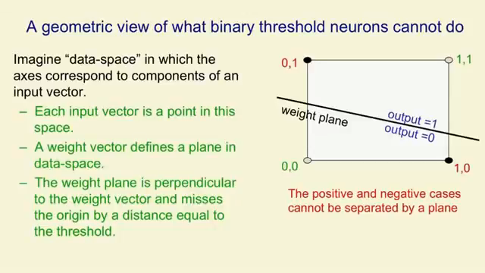We call a set of cases like that, where there's no hyperplane that will separate the cases where we want the answer to be 1 from the cases where we want the answer to be 0, a set of training cases that's not linearly separable.